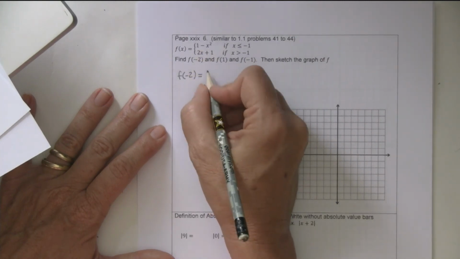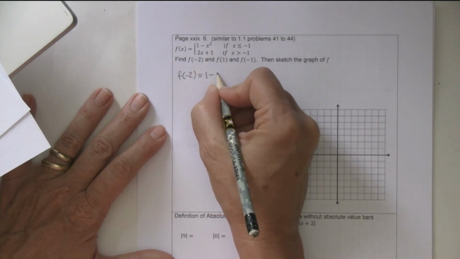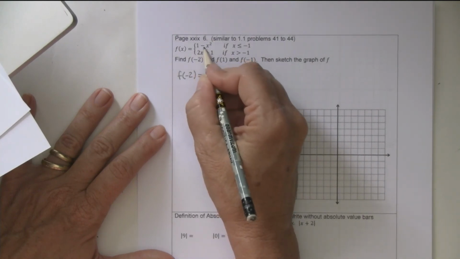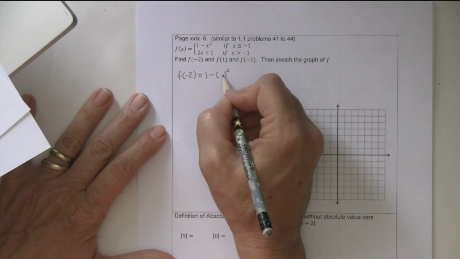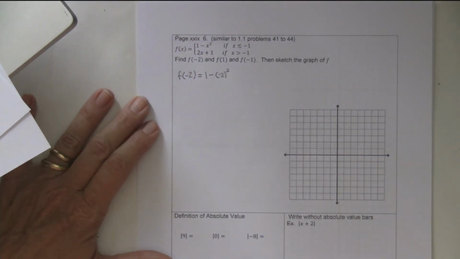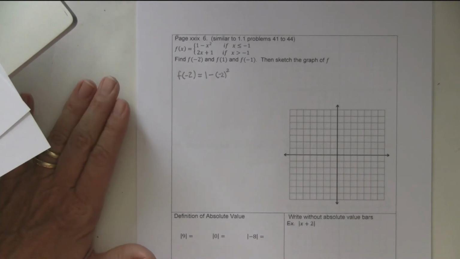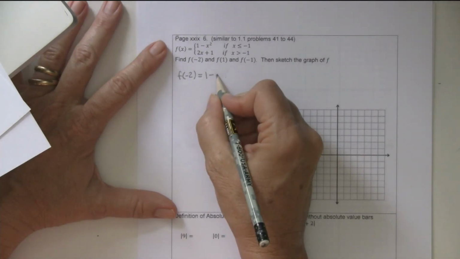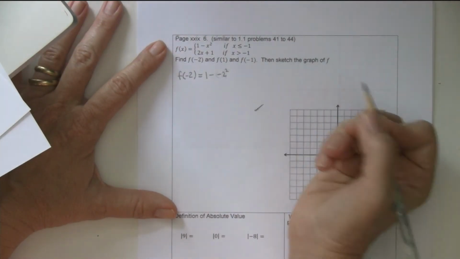So I'm going to put in where I see x, right? I'm going to use this condition of the function, and where I see x, I'm going to replace x with -2. And you notice that I put parentheses where I saw x. Did you notice that? So often students will ask me, should I have just had this without parentheses?